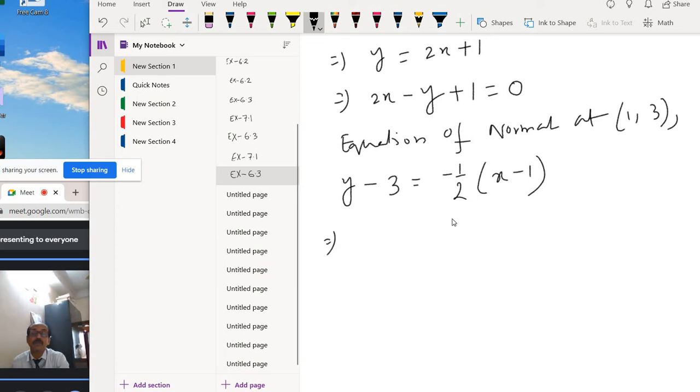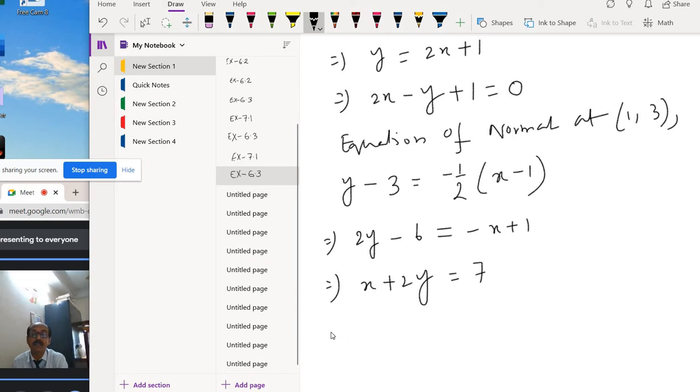So cross multiply: 2y minus 6 equal to minus x plus 1. So x plus 2y equal to 6 plus 1, which is 7.